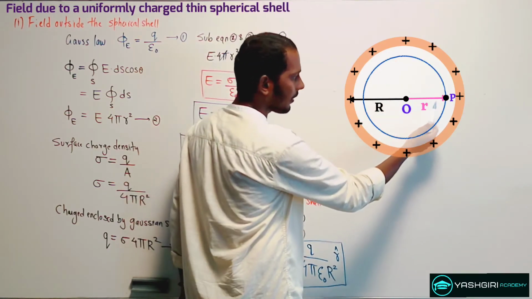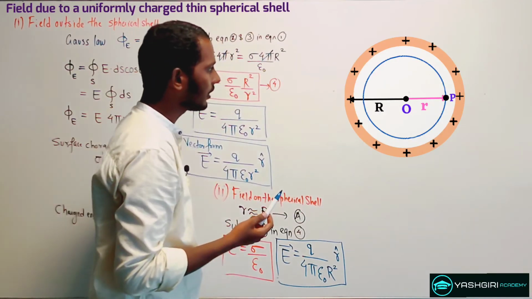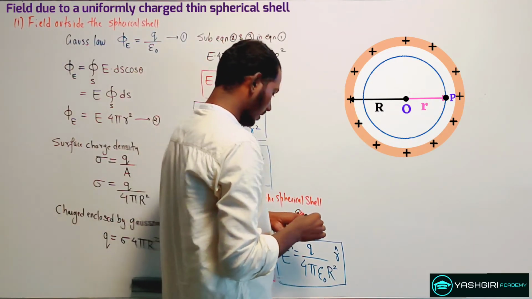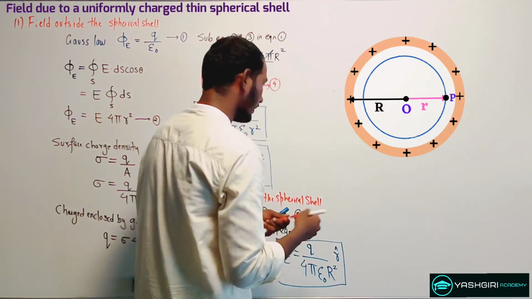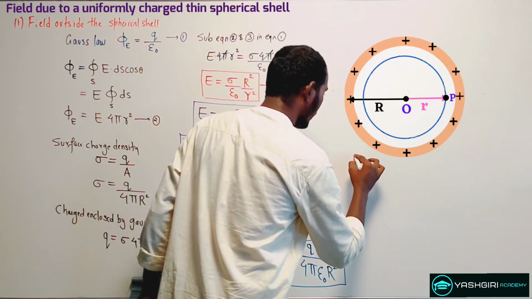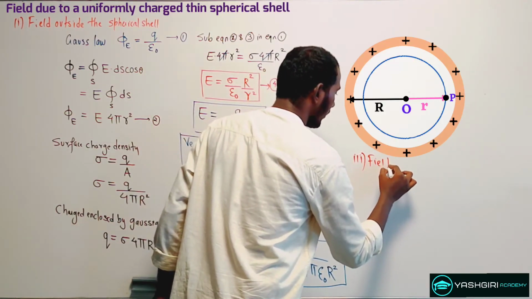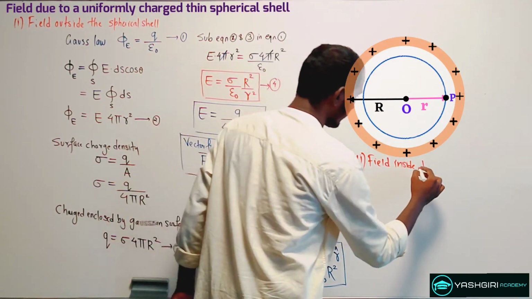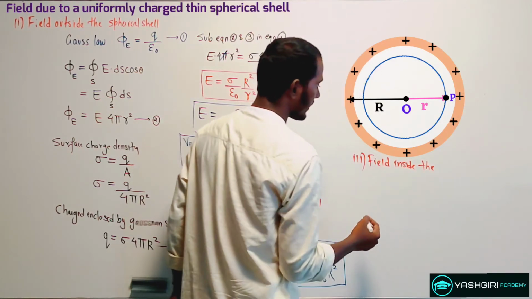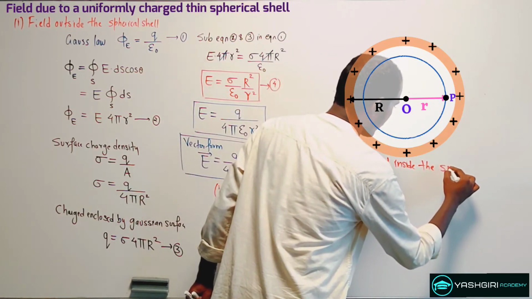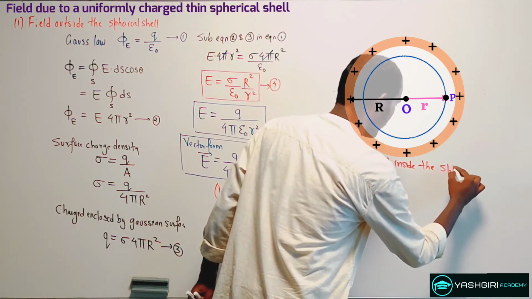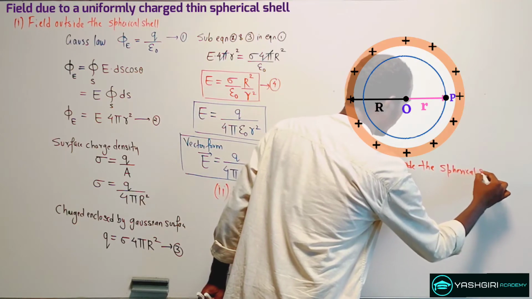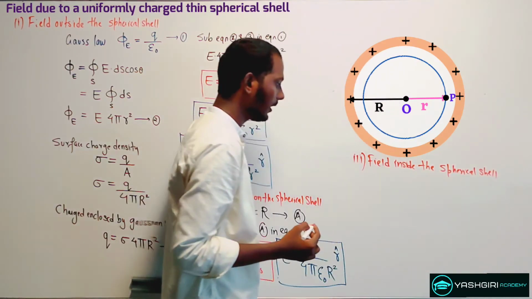Again, let small r be the radius of that Gaussian surface. So here when you calculate the third case, the field inside the spherical shell.